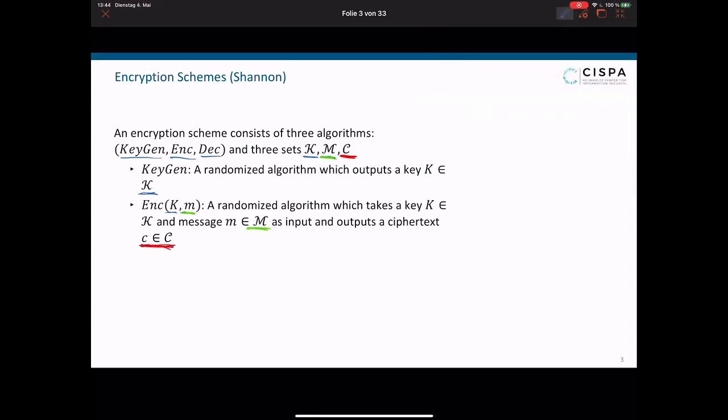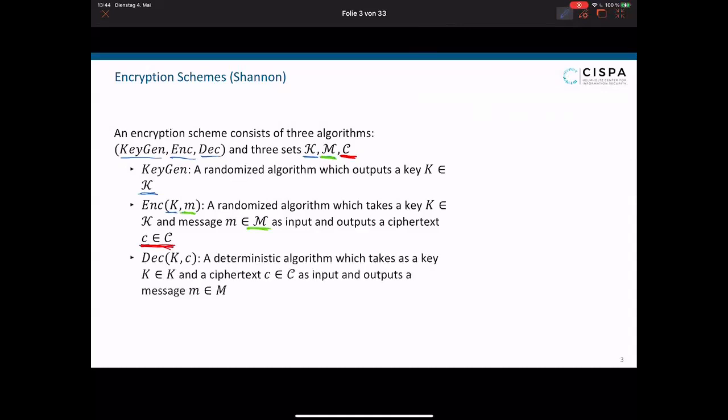So encryption is as before, just that we're now aware of what kind of spaces keys, messages, and ciphertexts live in. And again, as before, decryption takes as input a key and a ciphertext, and outputs a corresponding plaintext. Still really the same definition as before, only that we're making key space, message space, and ciphertext space explicit, and that we have this key generation algorithm which samples our keys.